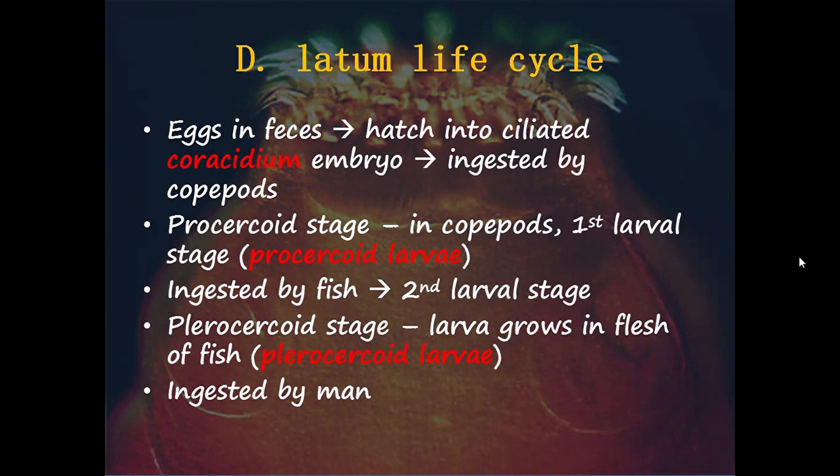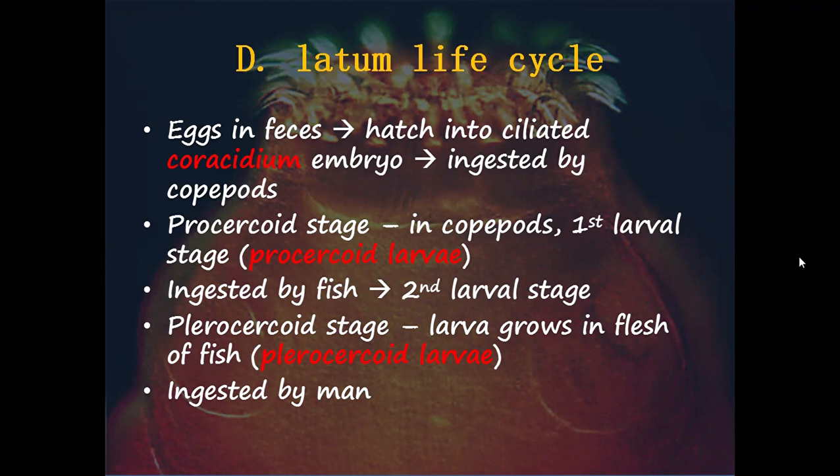So your second intermediate host for D. latum are freshwater fishes, and the infective stage for your fish is your procercoid larvae, to produce the plerocercoid larvae, which will now be the ones that will be ingested by your definitive host, in this case, humans.